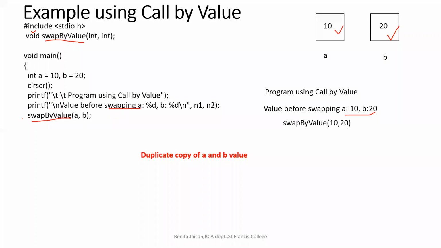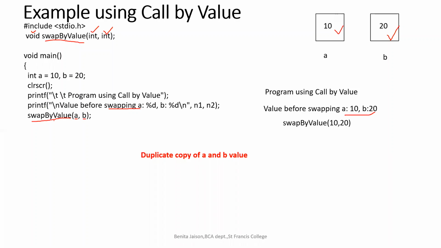We are not assigning the function to any variable, and we are indicating that the function swap by value needs two integer arguments. We are giving two integer arguments a and b, right? We are calling it like any other normal function, but I just gave the name swap by value. You can give any name, and you can even shorten it. In order to understand, I just gave swap by value.